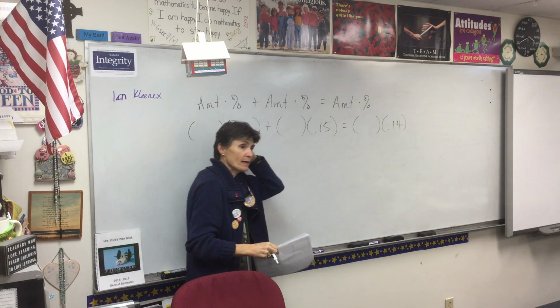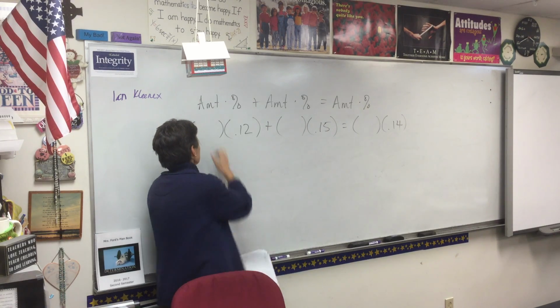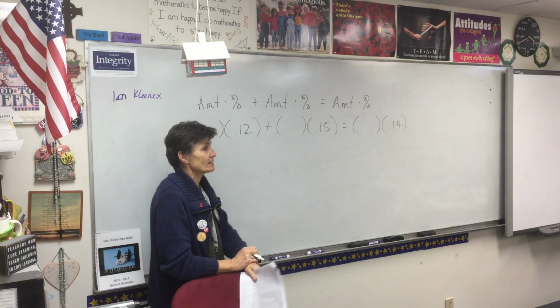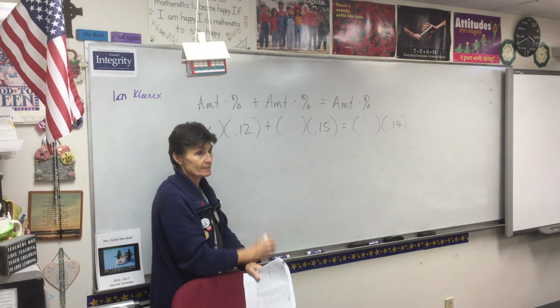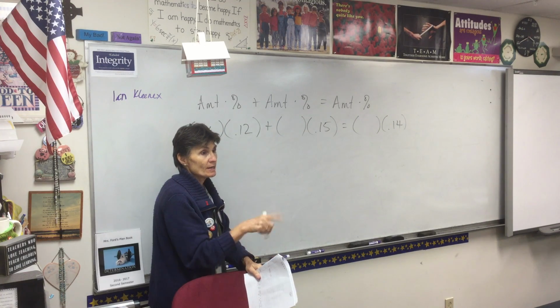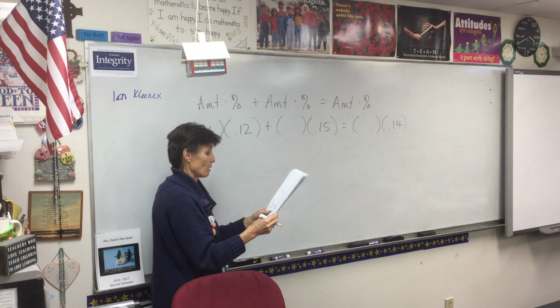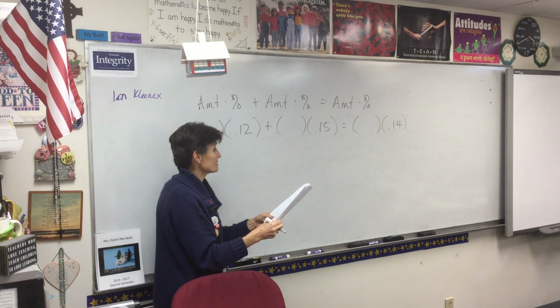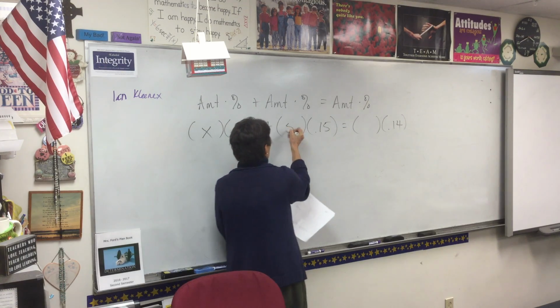Is this coming back to you? Now, do you remember that we put an X there because these problems almost always say how much of this? And then in the problem, there's another number somewhere. What's the other number in the problem? 5 gallons.